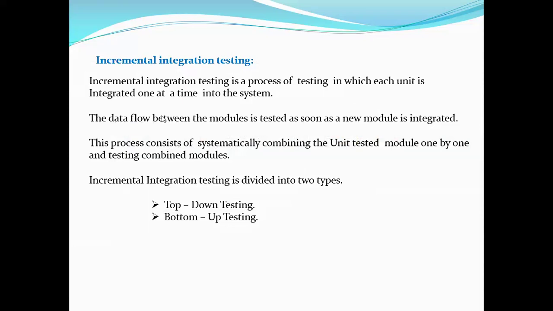You need to understand that whenever a new module is added, you need to check that particular module with the previous modules, whether you are able to have proper communication or not. We need to check such kind of testing. We can call it integration testing. What is called incremental integration testing? One module added one at a time. That kind of testing we can call incremental integration testing.